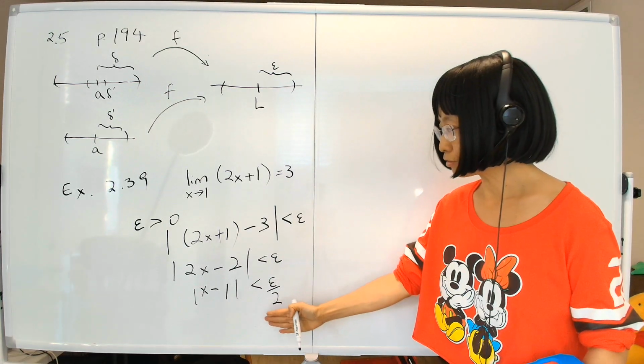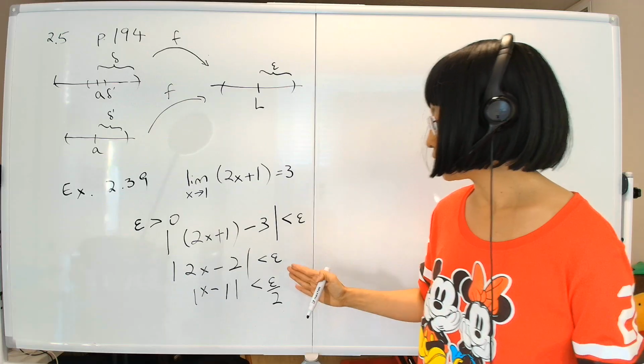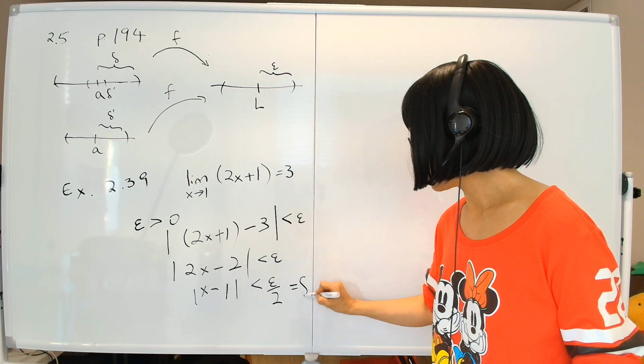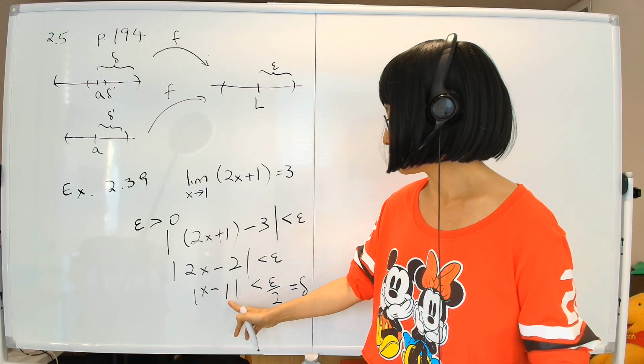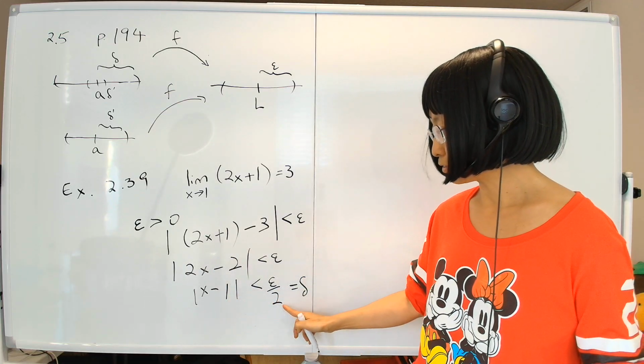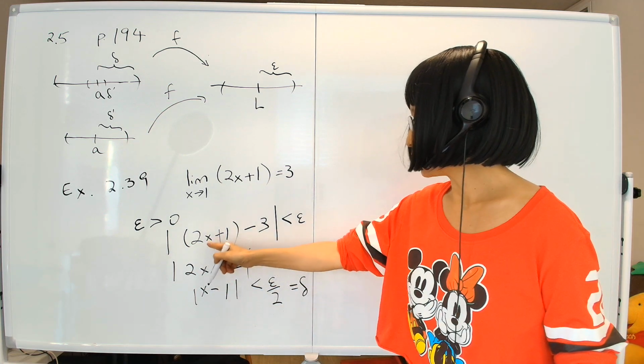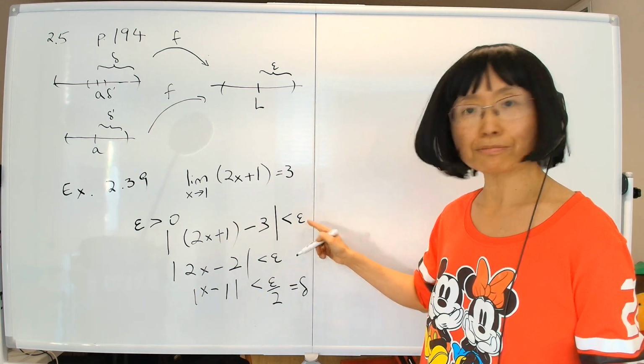Now, we'll set this thing to be delta. Why? Because as long as the absolute value of x minus 1 is less than epsilon over 2, which we call delta, then this relationship holds. It will be less than epsilon like it wants.